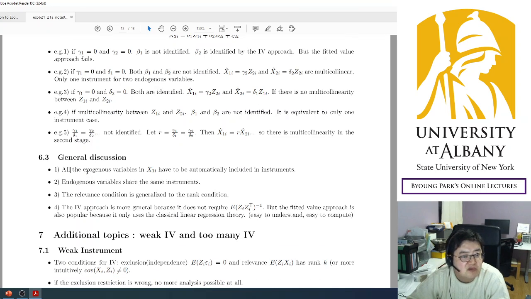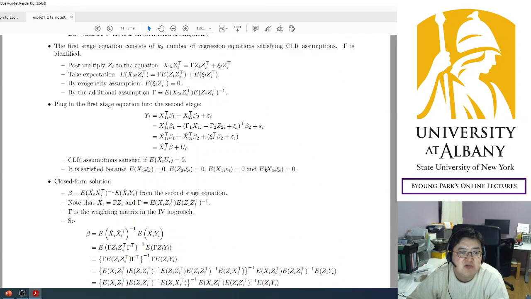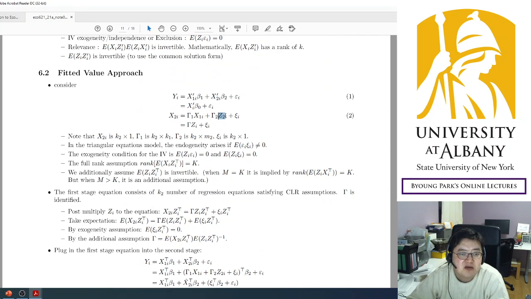The exogenous variable x1 will be automatically included in the instruments. So in the first stage regression, z2 is an additional variable from outside. X1 is also included because it is not correlated with epsilon.